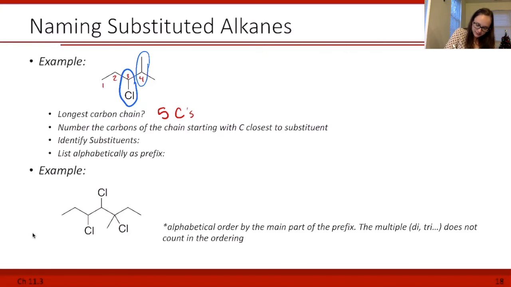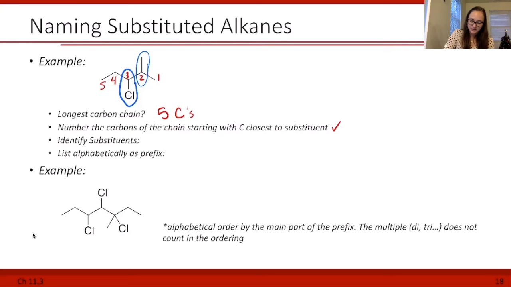So let's try that. I'm going to erase these numbers that we have and put them the opposite direction. Starting over here, 1, 2, 3, 4, 5. So what this shows you is that you can go backwards to put the substituent at the lowest numbers possible. Okay, so we did step 2. Got it.